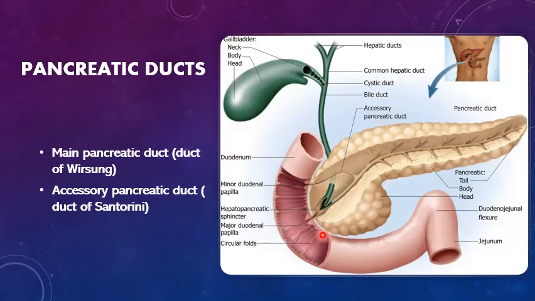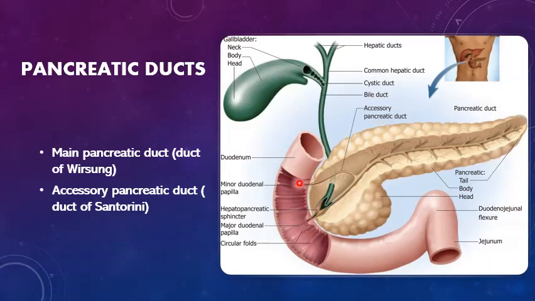That is a variant we can see, but the normal pattern is that once it reaches the neck, it runs downwards and backwards and meets the bile duct. Both of them form the ampulla of Vater, and this opens onto the major duodenal papilla. This papilla lies 8 to 10 centimeters distal to the pyloric end of the stomach.